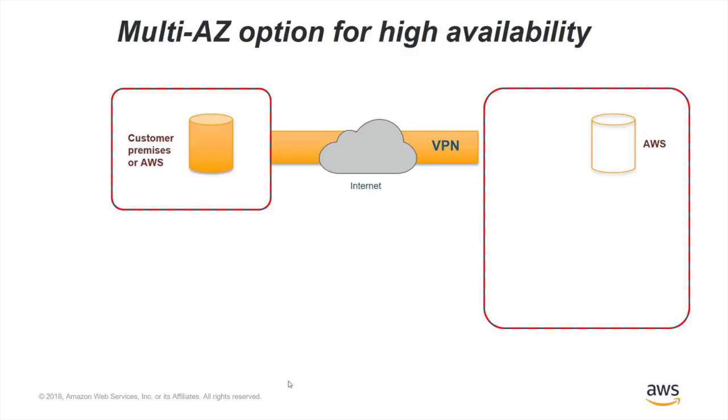Multi-AZ option for high availability. This is the same thing as I talked about before, but we also have a high availability option with Database Migration Service, where you can spin up a multi-AZ DMS service and do the migration in the same way.